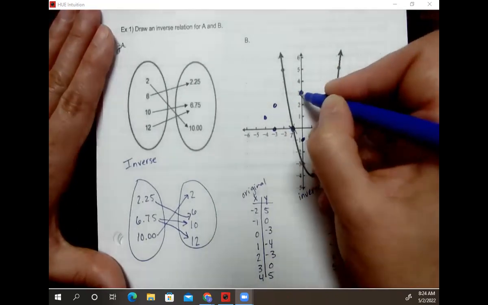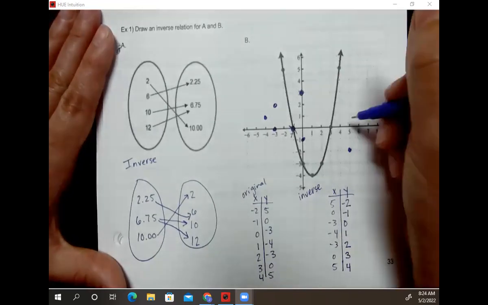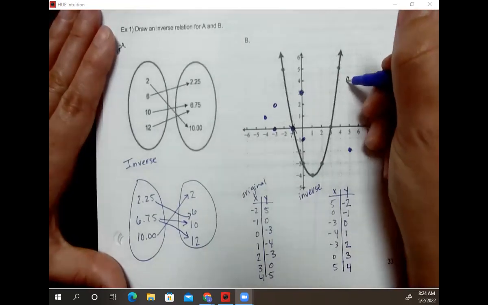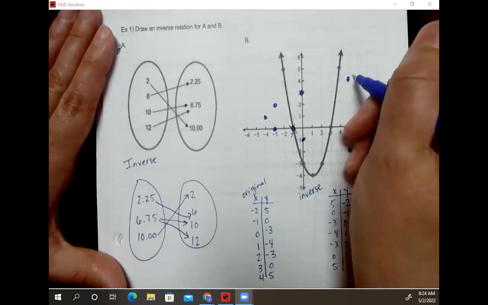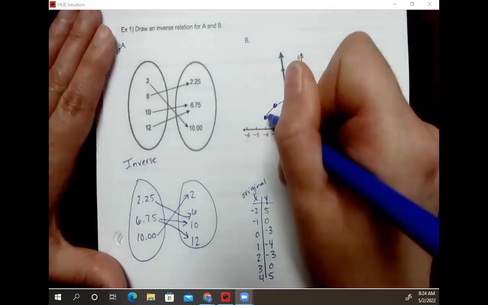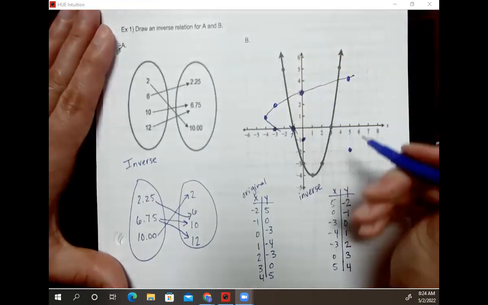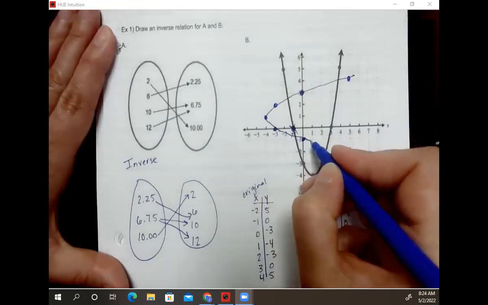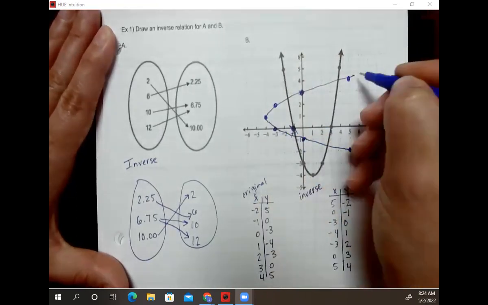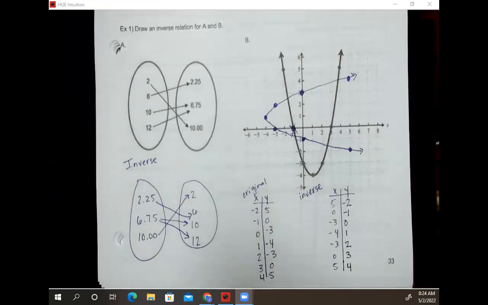And 5, 4. Okay. So this, also not a function, we failed the vertical line test here, but this would be my inverse relationship here. Okay, so inverse functions.